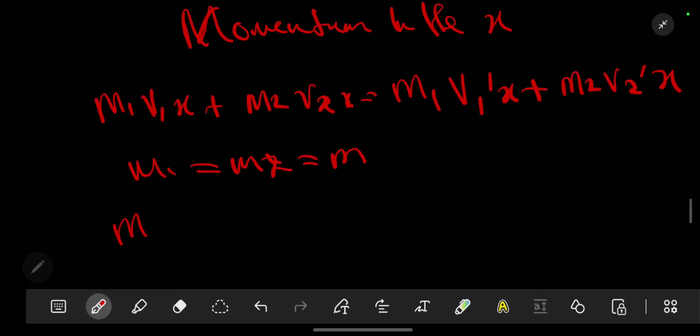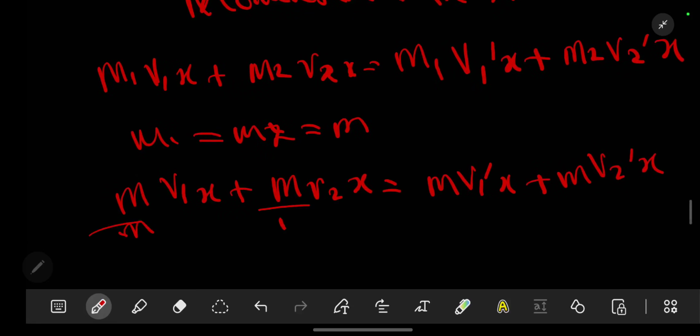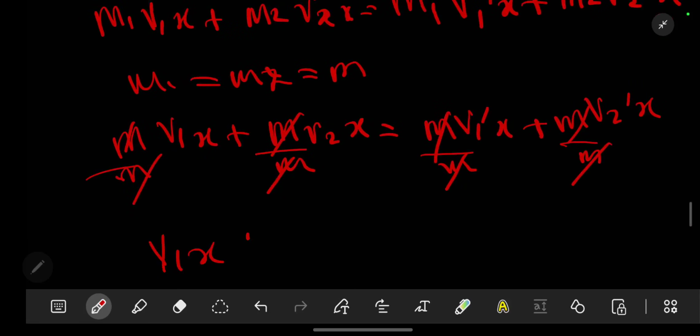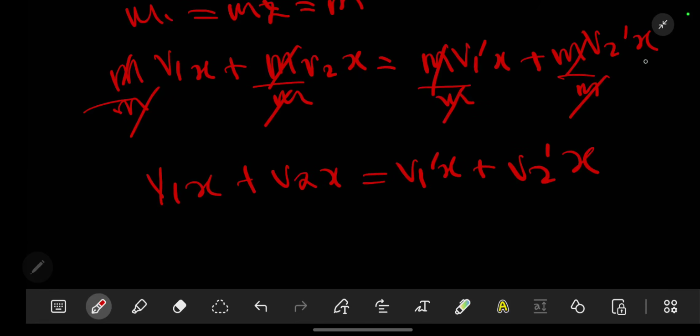So it will be m v1x plus m v2x should be equal to m v1 cap x plus m v2 cap x. So we divide out our m. So the value here will be v1x plus v2x equal to v1 cap x plus our v2 cap x, like that. So we are going to get our value that is equivalent to, let's replace.